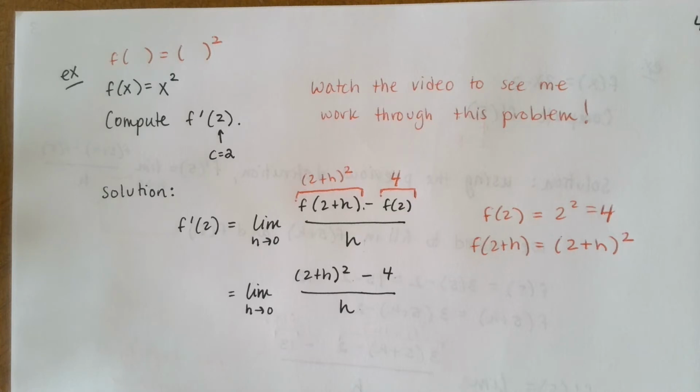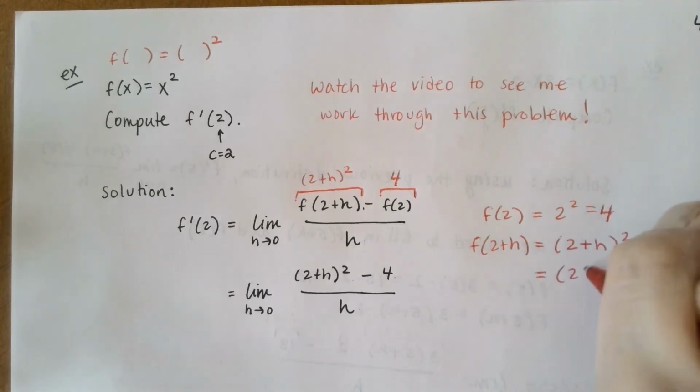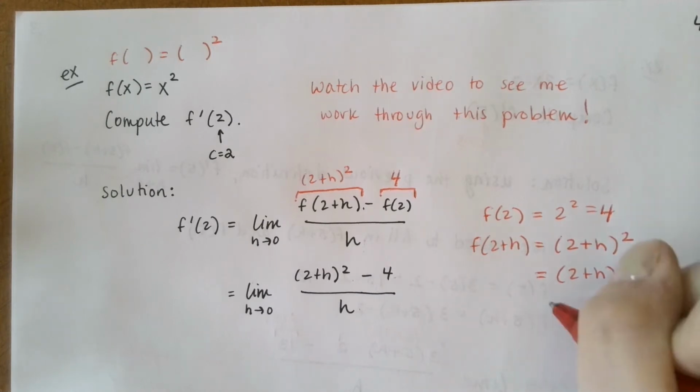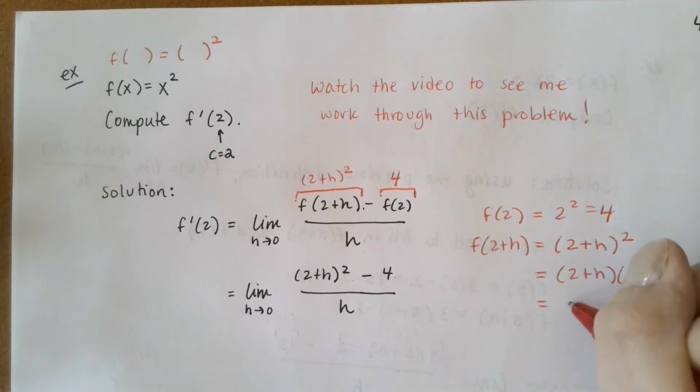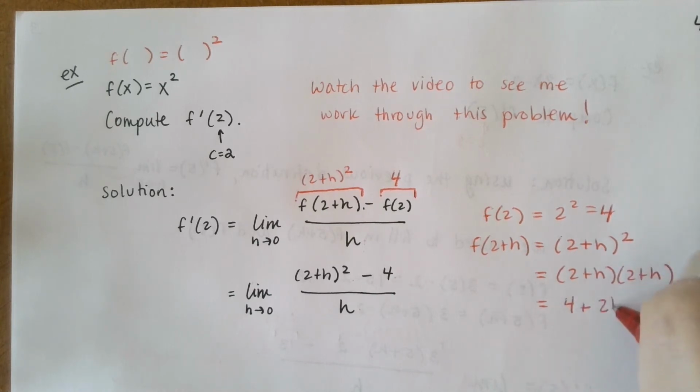Right. So this is the step where I need to FOIL out 2 plus h squared if I haven't already done it, which I haven't. So I'm going to work on the side again. 2 plus h squared. So that's 2 plus h times 2 plus h. That will give me first, outer, inner, and last.